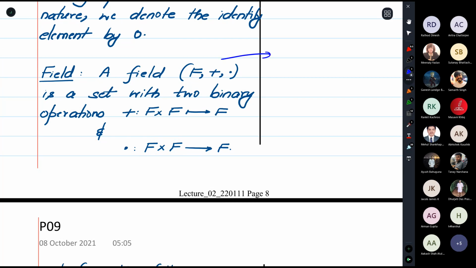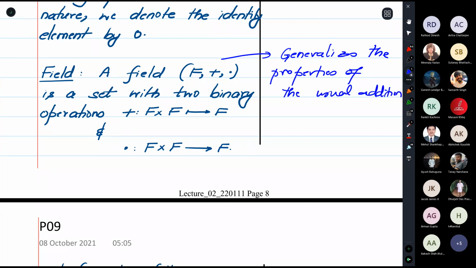So a field you can think of as generalizing the properties of the usual addition and multiplication on R. The real line is the archetypical example of a field.